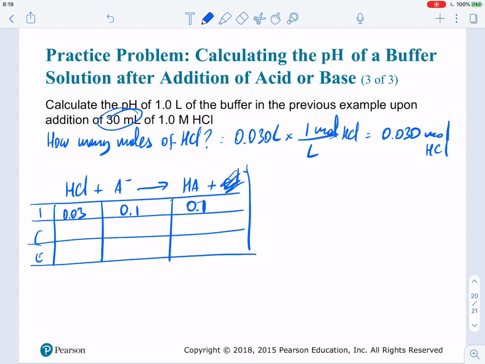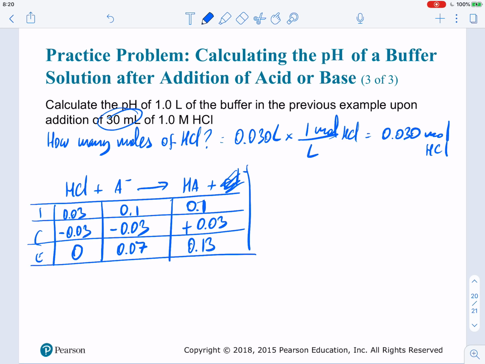The amount of HCl is smaller than the conjugate base, so the HCl is completely consumed, so the change is 0.03. The conjugate base is also being consumed, so the change is minus 0.03. And the change for the acid is plus 0.03. So at equilibrium, you will find 0 of HCl, 0.07 of the conjugate base, and 0.13 of the acid.